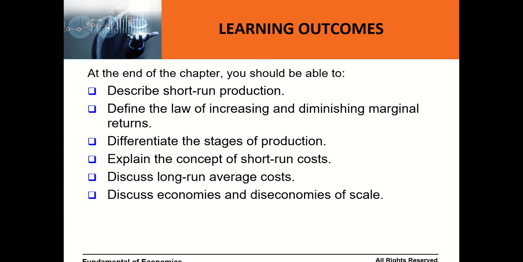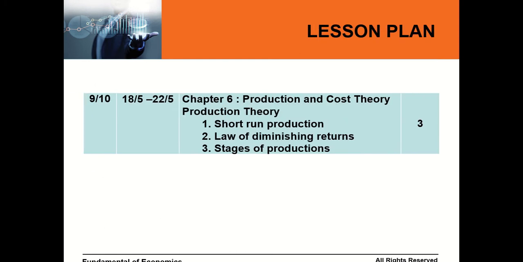Production involves cost, therefore these two topics are discussed in chapter 6. This is the lesson plan for the first part of this slide, which is production and cost theory. Our focus is on production theory only.